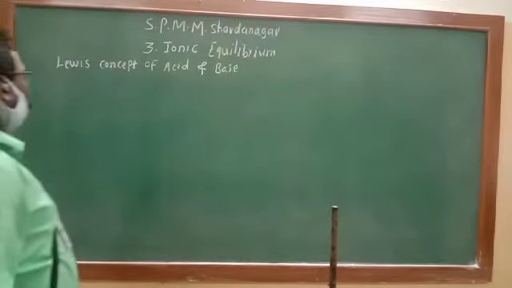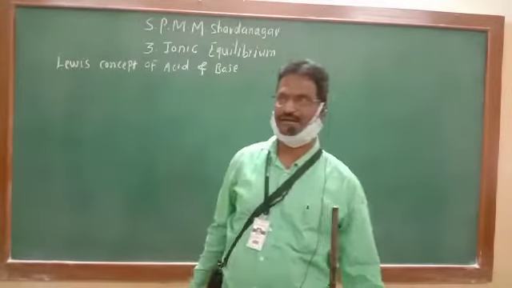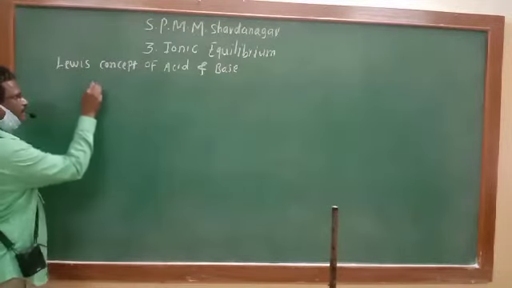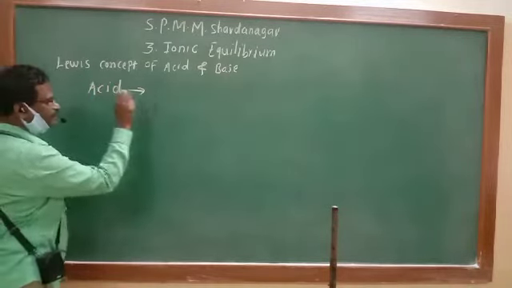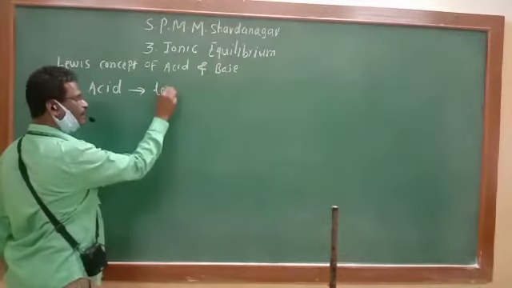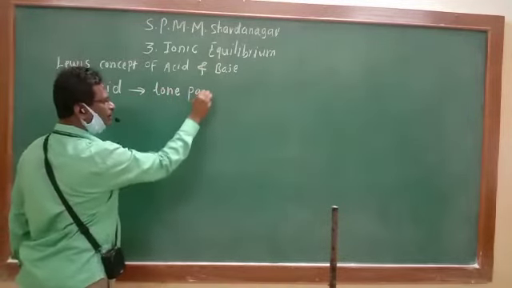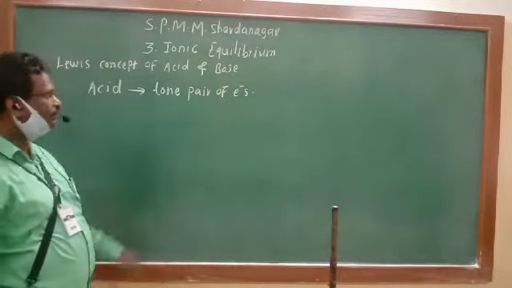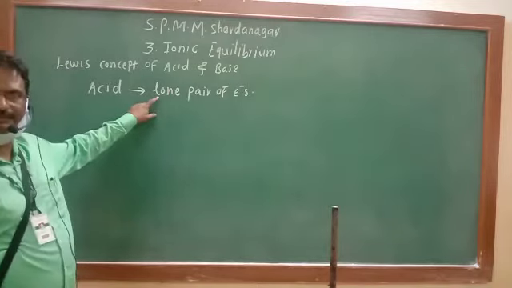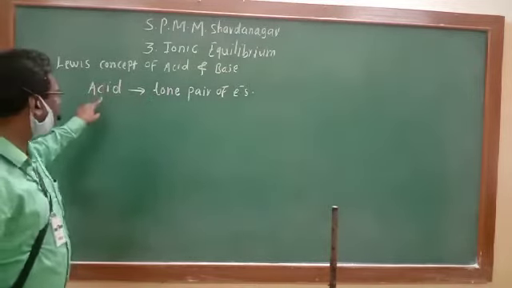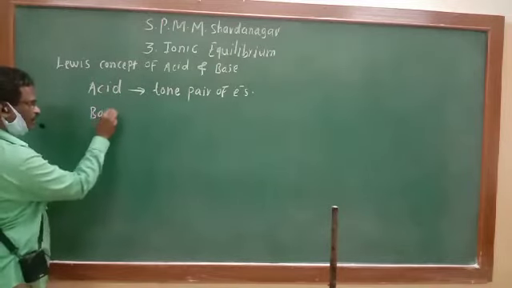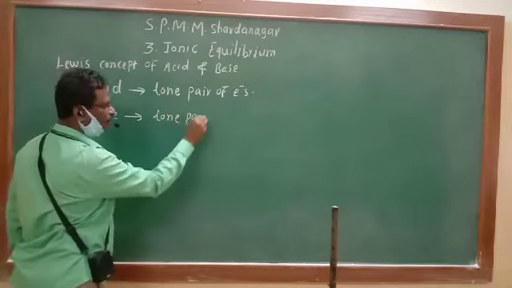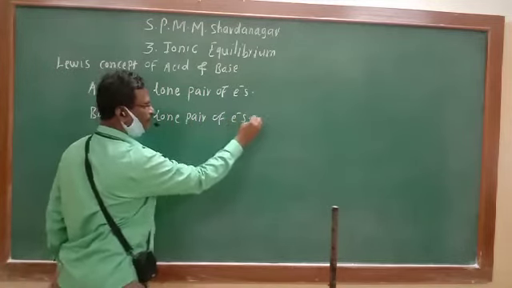Now let us see the Lewis concept of acid and base. According to Lewis theory, an acid is defined as a substance which is capable of accepting a lone pair of electrons. On the other hand, a base is defined as a substance which is capable of donating a lone pair of electrons.